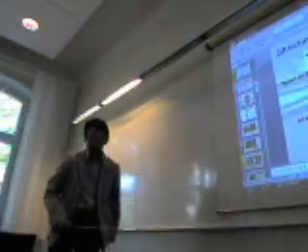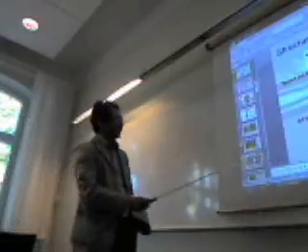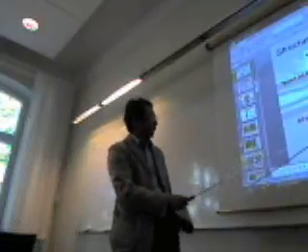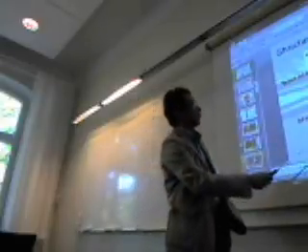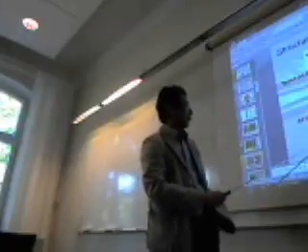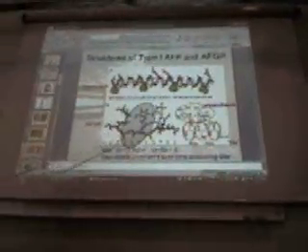And also, I think you know this already, this is the structure of AFGP. Here is the saccharide, disaccharide, and the alanine, threonine residue is one unit of AFGP.